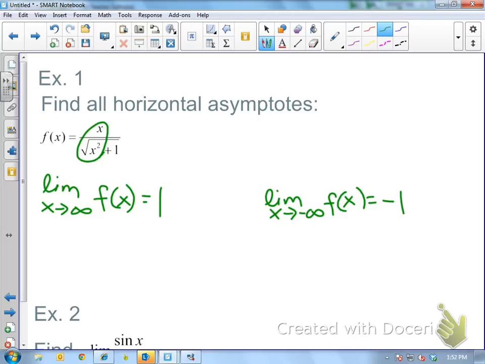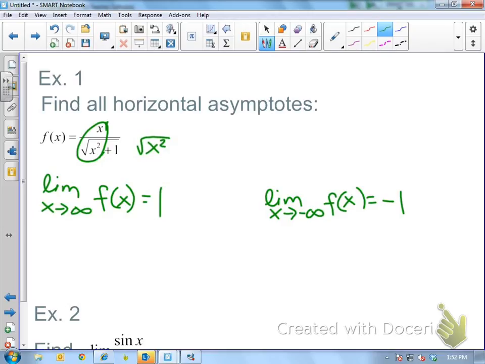Power of x. 1. Okay, power of x is 1. So our degree of the numerator is 1. What about the denominator? This one's a little trickier. If I'm just looking at square root of x squared, what's the degree of the denominator? 1. Okay, so we compare the degrees.